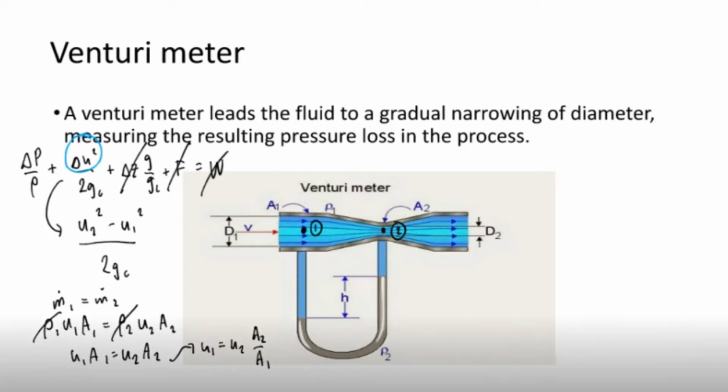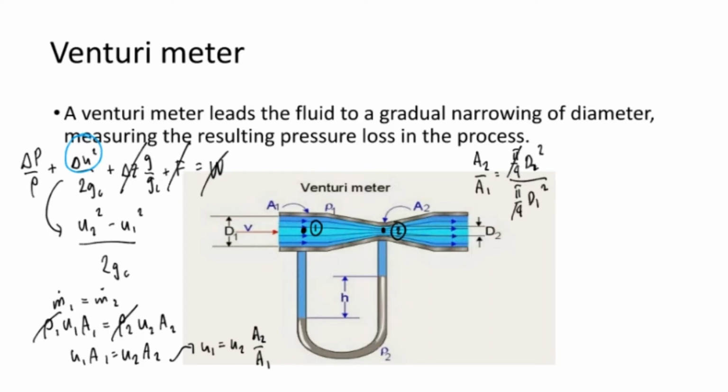But what is the cross-sectional area of the pipe and of the throat? Well, the cross-sections are both circles, and the area of a circle is pi over 4 d squared. So we can actually express the ratio of the two areas with respect to the ratio of the two diameters. As such, we can say that A2 over A1 is equal to pi over 4 d2 squared over pi over 4 d1 squared. We can cancel pi over 4.